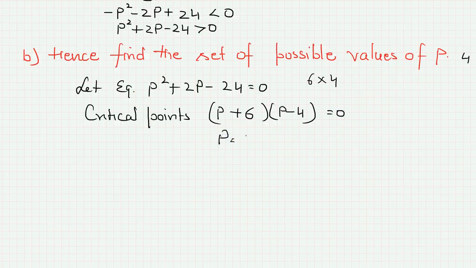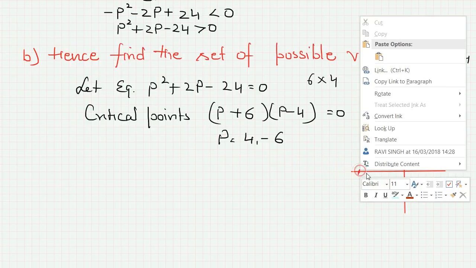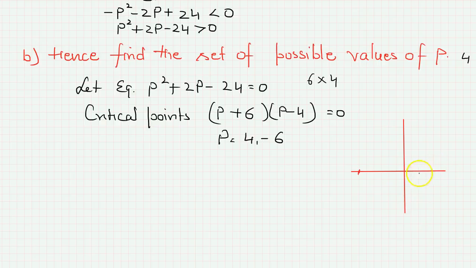So p is equal to 4 and minus 6. So the points are minus 6 and 4. Roughly these are the points.